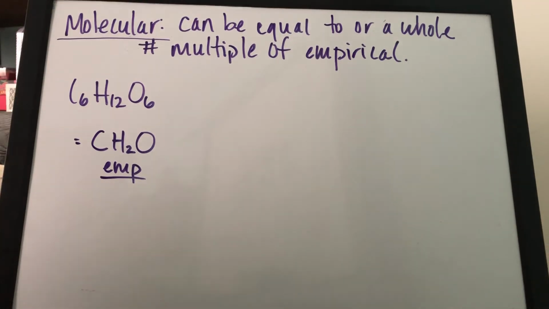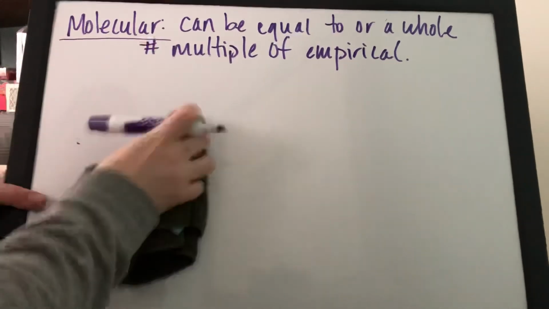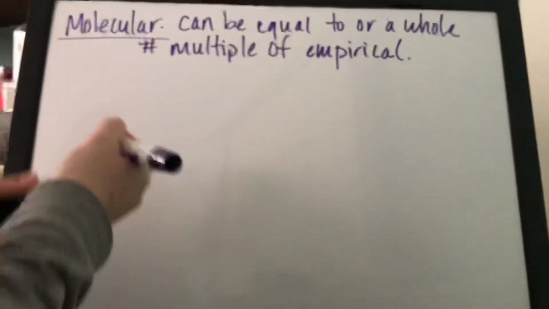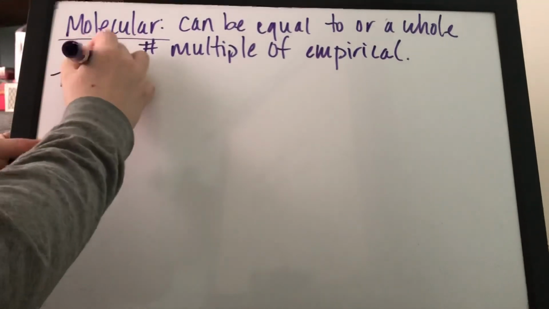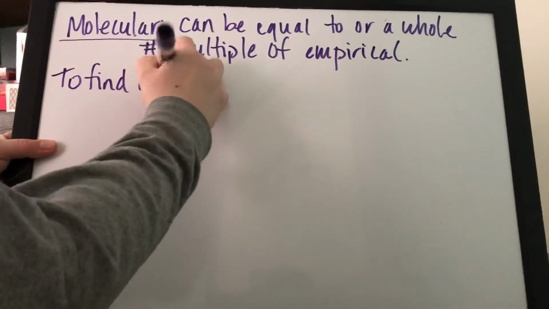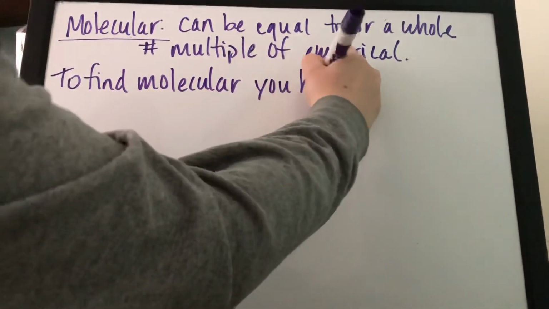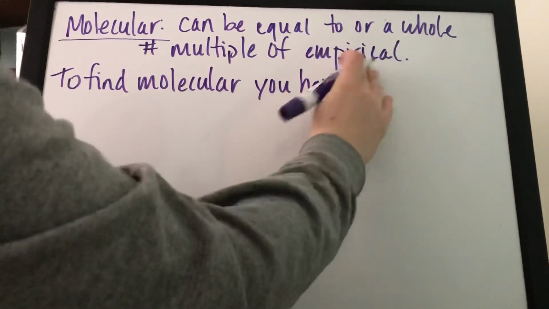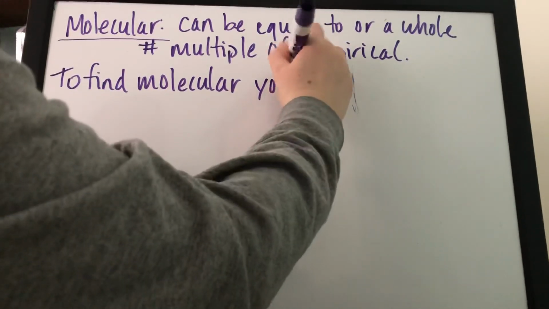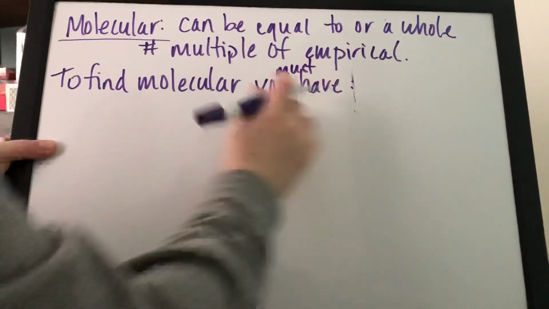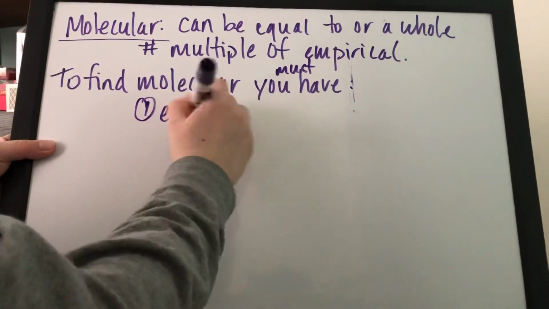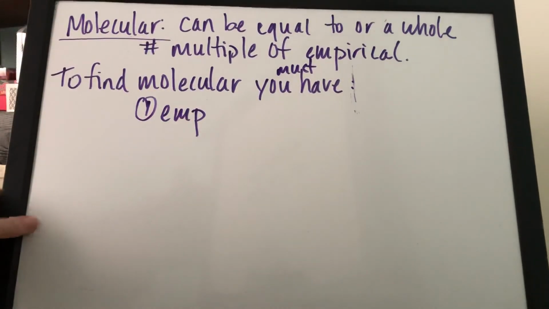Okay, so a molecular calculation is so much simpler than an empirical, but you have to know 2 things. So this is super important. To find a molecular, you must have, I missed a word, you must have the empirical. Okay, so we've already had a discussion on how to find that.